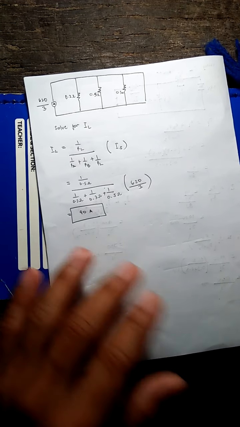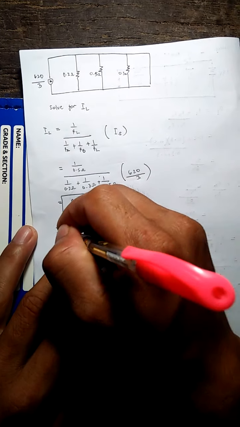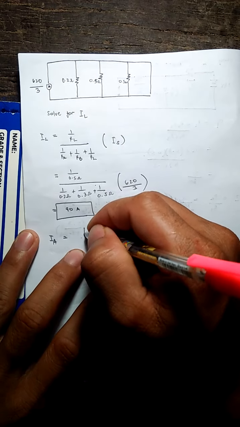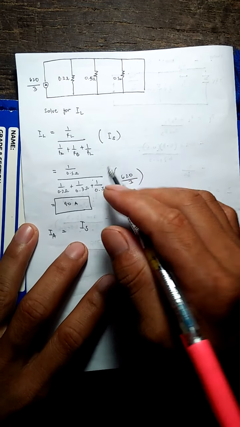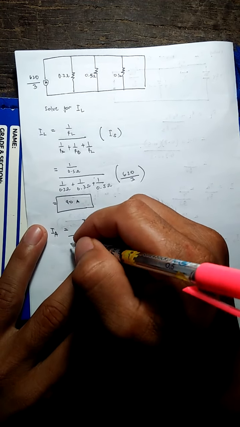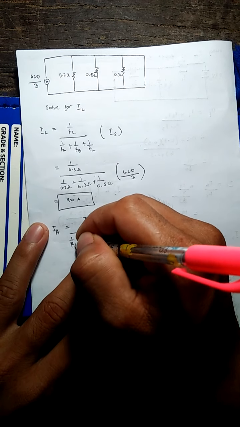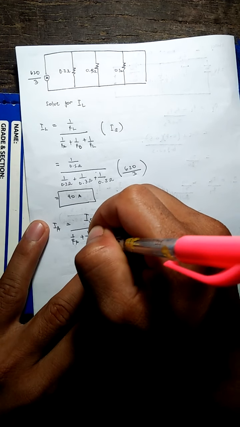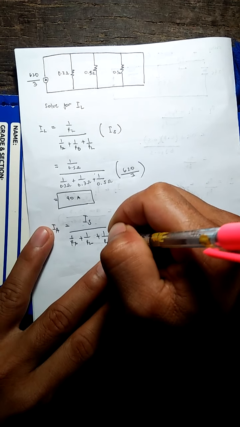Now we will solve our IA and IB. Solve for IA, which is equal to IS, our current source, over 1 over RA plus 1 over RL plus 1 over RB.